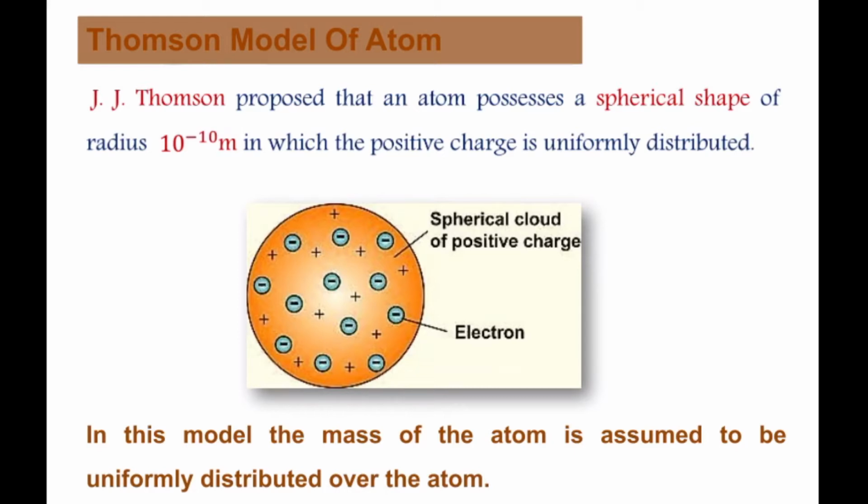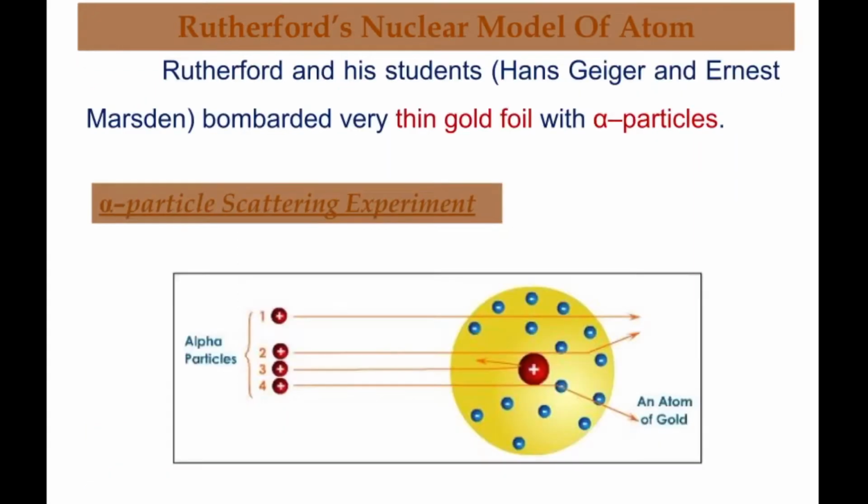Next, let us look into Rutherford's model of atom. As you have studied, Rutherford conducted an experiment called the alpha particle scattering experiment. He bombarded a thin gold foil with alpha particles.